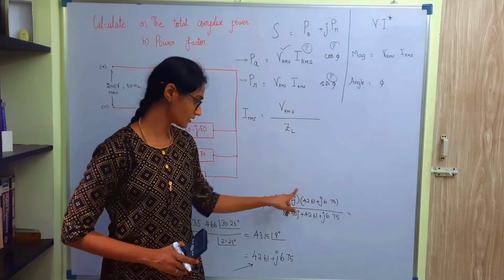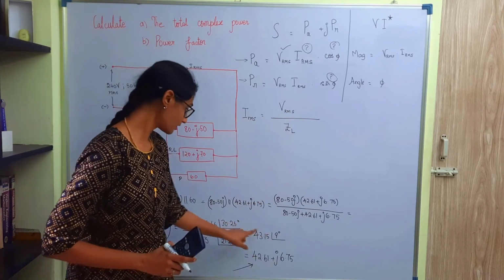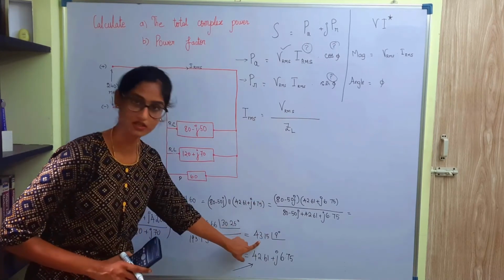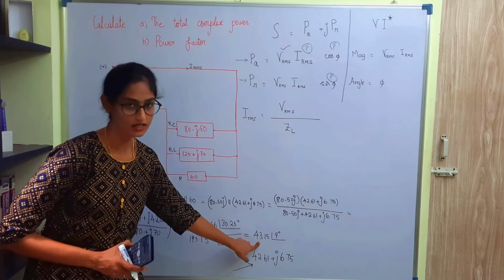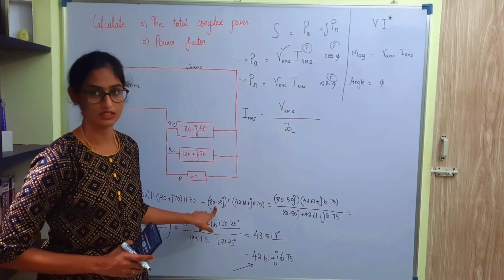We are going to multiply the numerator, so therefore we need both of them in the polar form. We know the polar form of this, which is 43.15 angle 9 degrees. We need to find the polar form of 80 minus 50j.